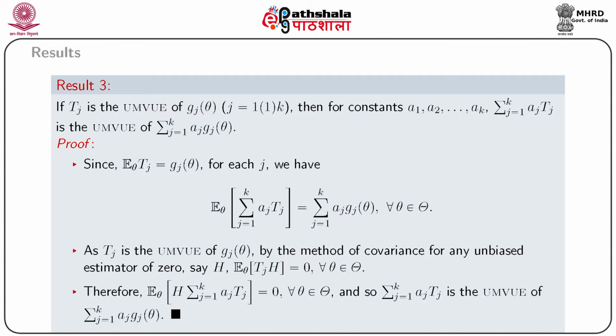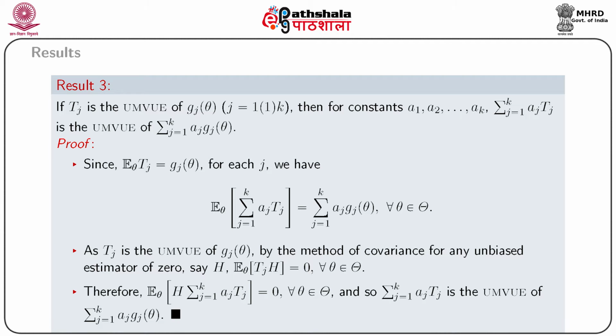If T1, T2 up to Tk are the UMVUEs of g_i theta for all i from 1 to k, then summation over i from 1 to k a_i T_i is the UMVUE of summation over i from 1 to k a_i g_i theta, where a1, a2, up to ak are real constants.